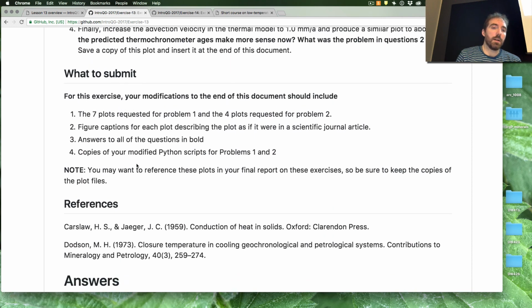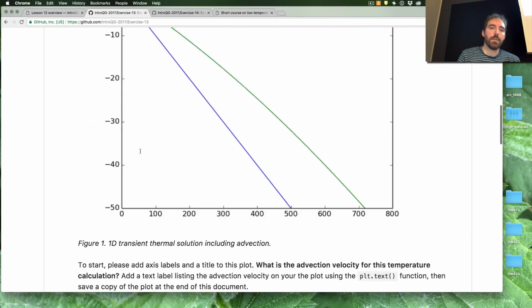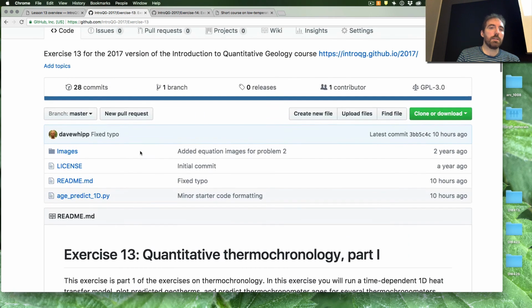You can see there's not a lot of other questions here. The point for the exercise this week is essentially to produce things that can go into the final report, not to spend hours and hours tinkering with the code, and I want you to get some results quickly and be able to think about this final project report a little bit more. So that's the exercise for this week.